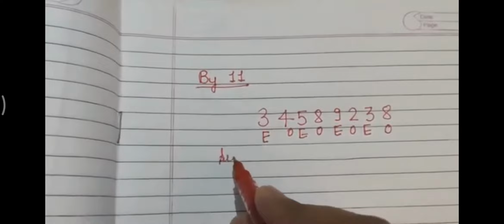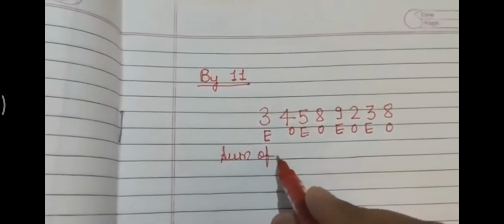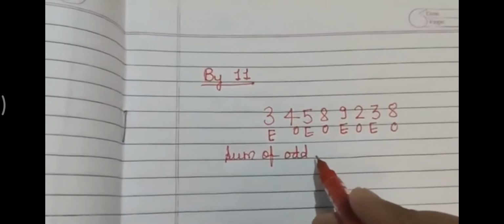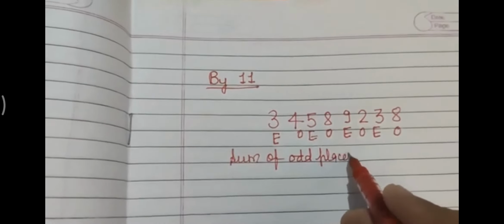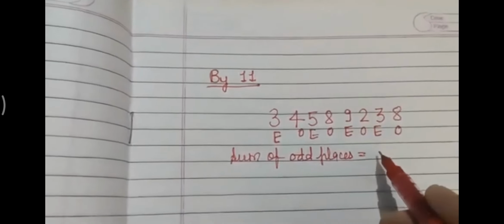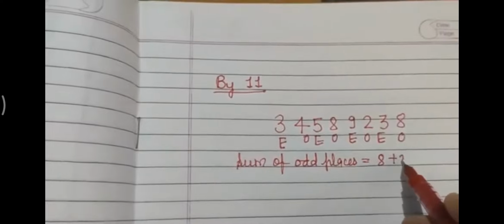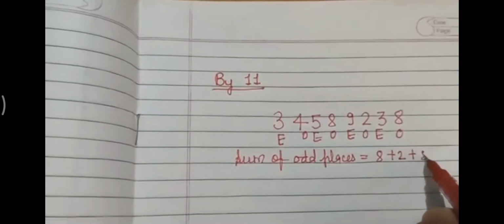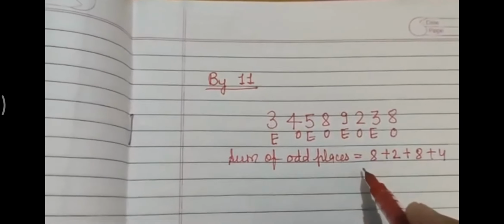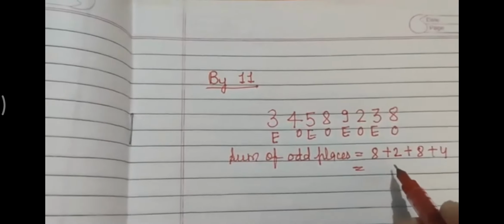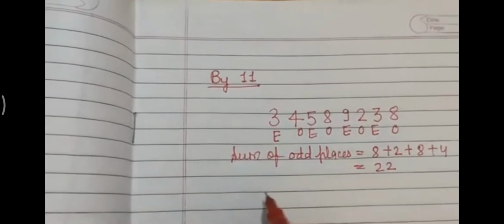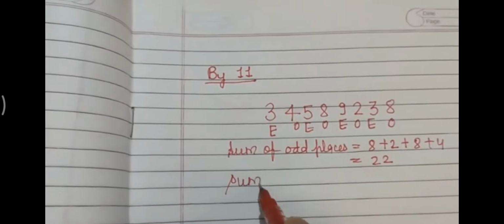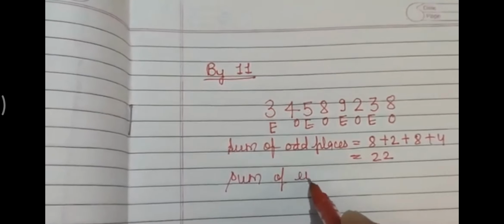Now first of all, sum of digits at odd places: 8, 2, 8, 4. 8 and 2 is 10, 18, 32. Now sum of even places.